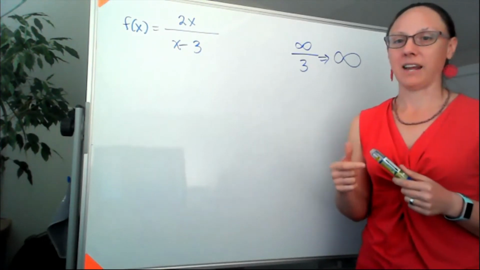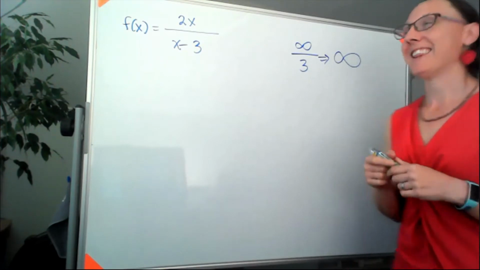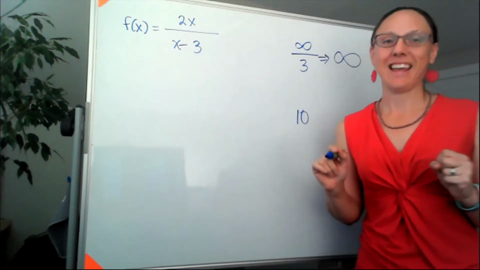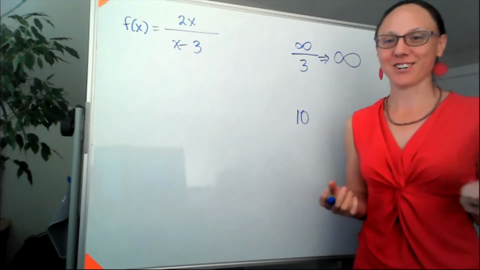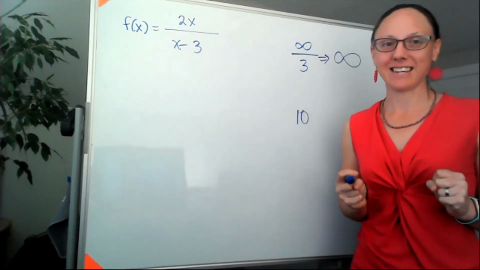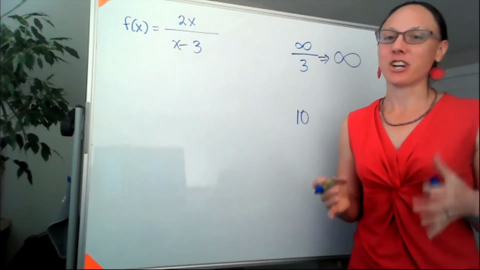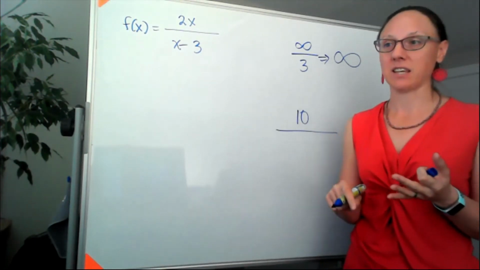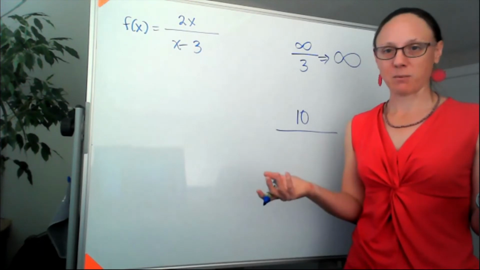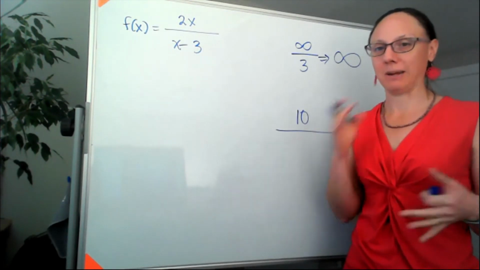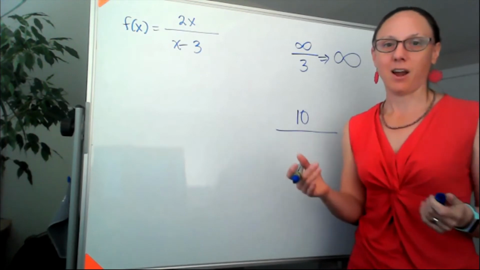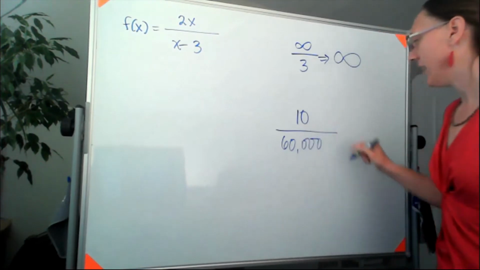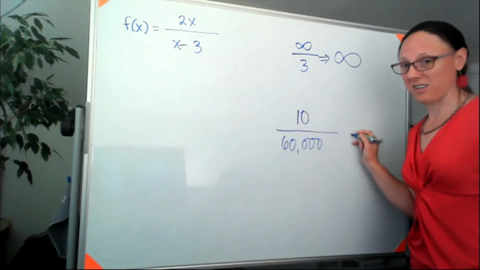Now, on the flip side, let's say that I had $10, and I was like, you know what? I'm going to share those $10 with everybody at UC Davis. Well, if I decide to share those $10 with everybody at UC Davis, that's students, staff, faculty, something like 60,000 people, that is really almost nothing.